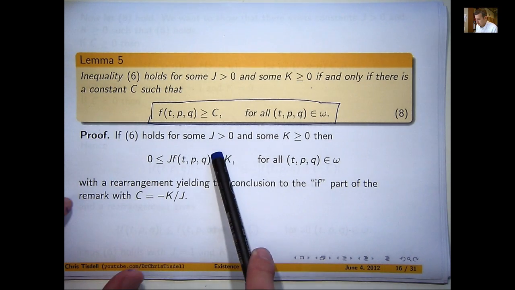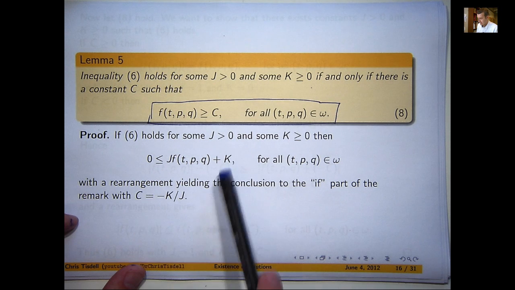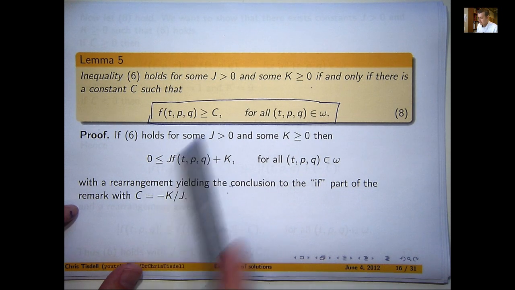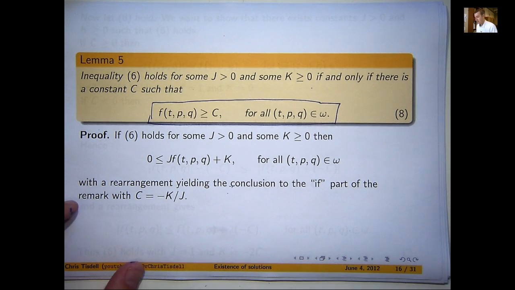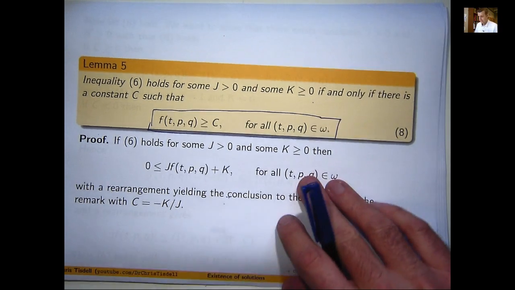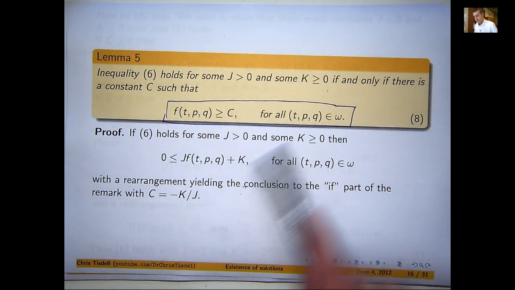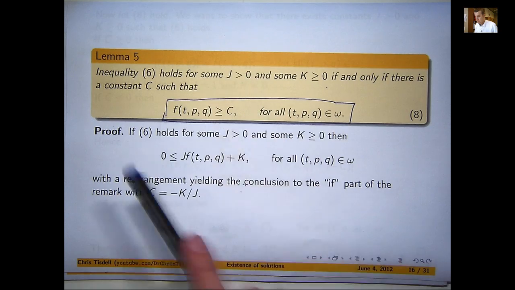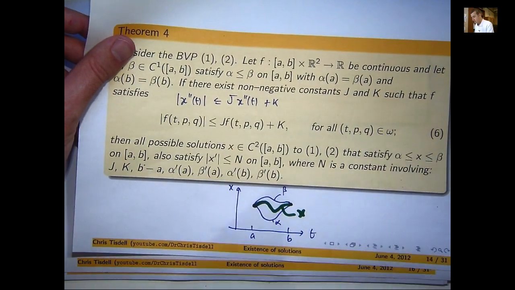So we end up with this, and then you can just take this to the other side and divide by j, and you get the lower bound on your f, where c is just defined by minus k on j. Okay, that was pretty easy. The second part of the proof is you assume this on this set, and then show that there is a positive j and a non-negative k such that 6 holds on this set.